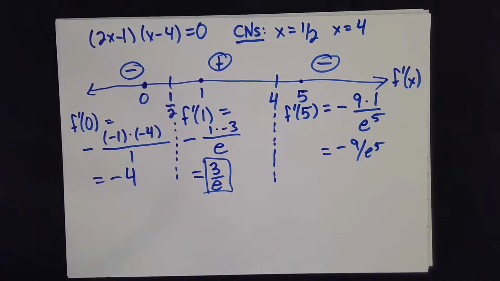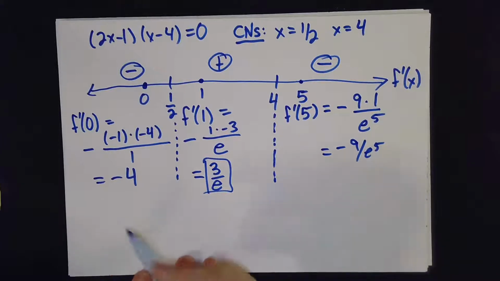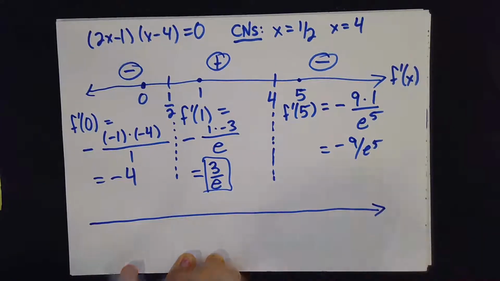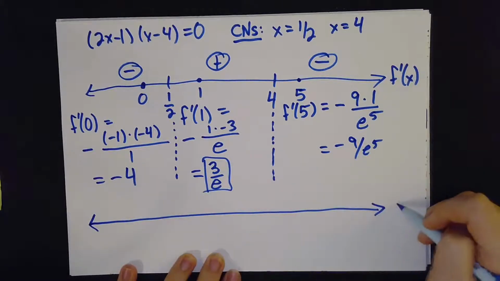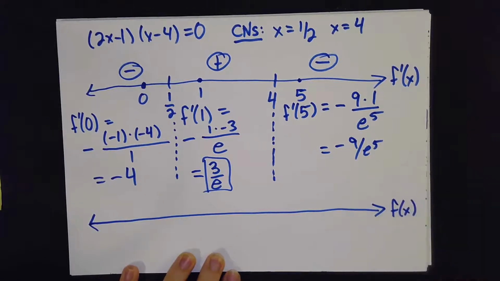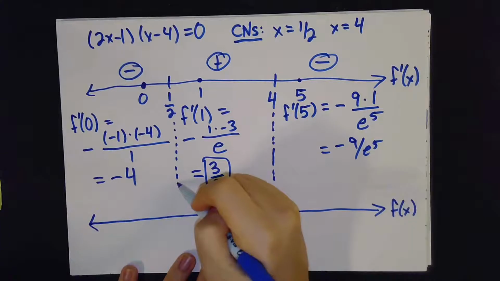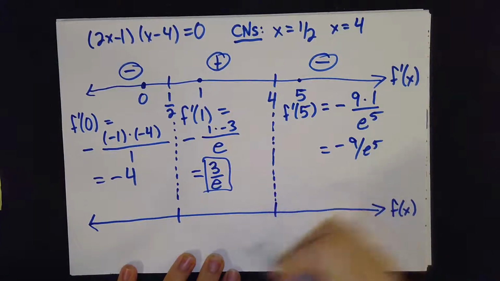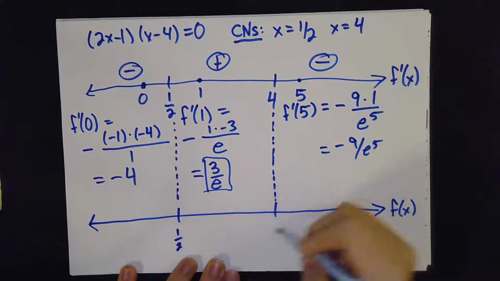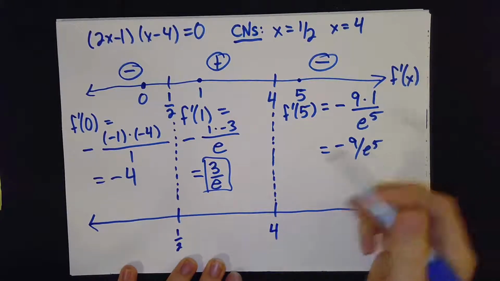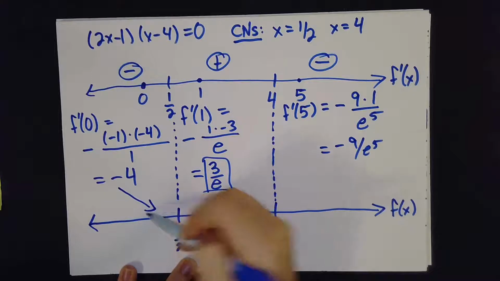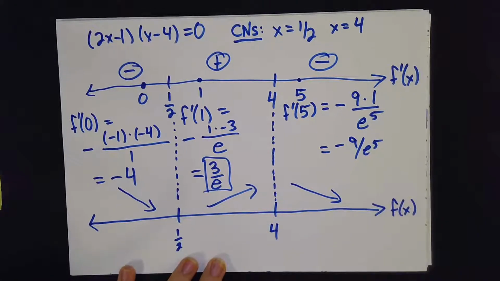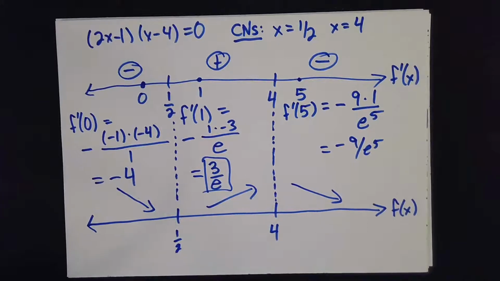But we then go ahead and translate this derivative profile down to information about the original function, where we get that this is decreasing, increasing, and decreasing.